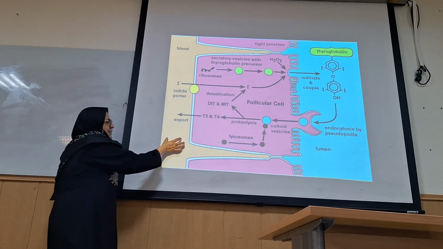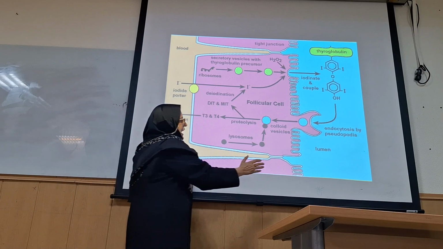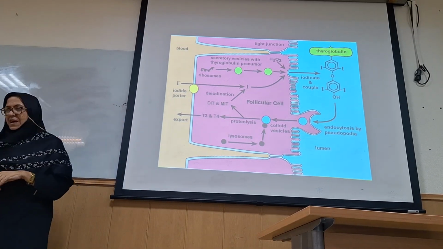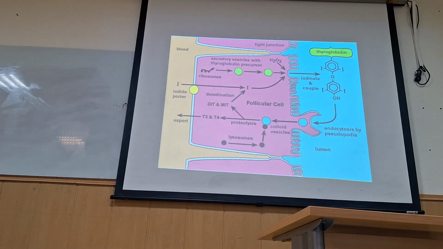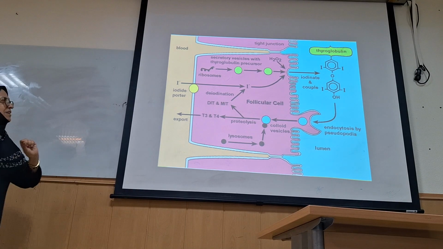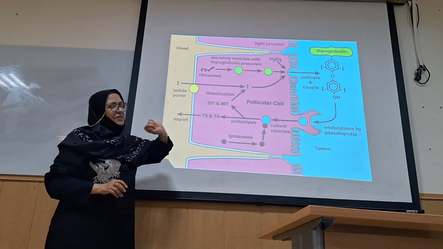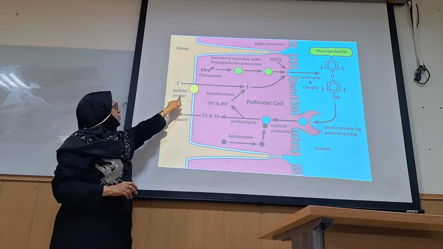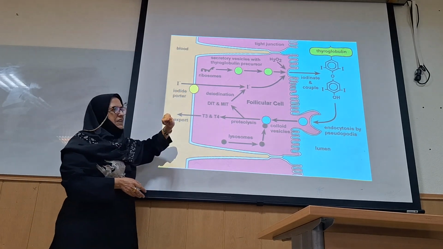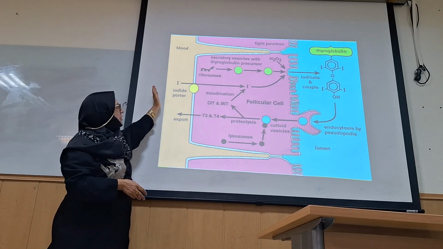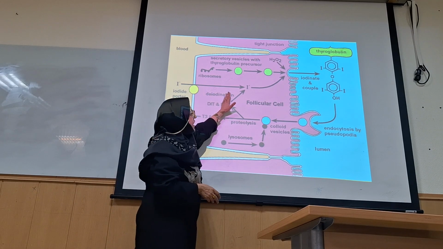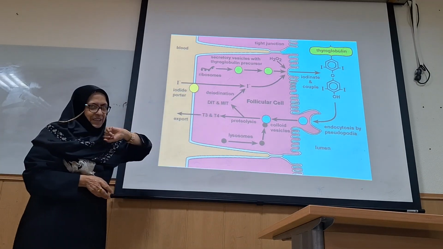In this slide you see blood and lumen. This is the follicular cell. I told you, follicular cells secrete thyroid hormones. The first step for synthesis of thyroid hormones, we need the iodide transporter. This transporter brings negative iodide ions toward the cell.